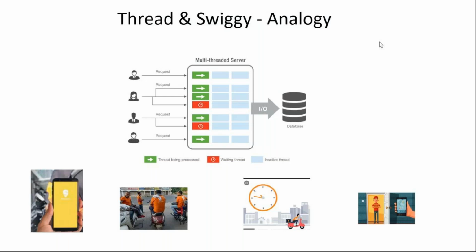That thread will call the respective login or add to cart, and it will get executed. Once the processing is completed, it will deliver the response back to the browser. So the threads are similar to the delivery persons working for Swiggy.